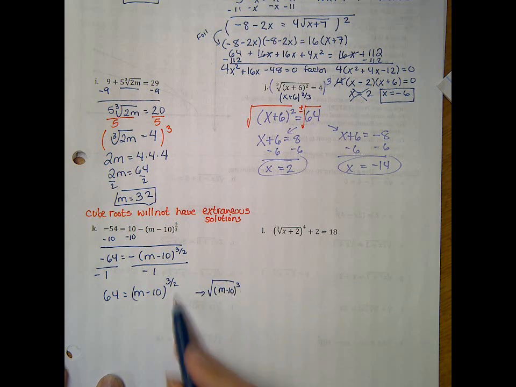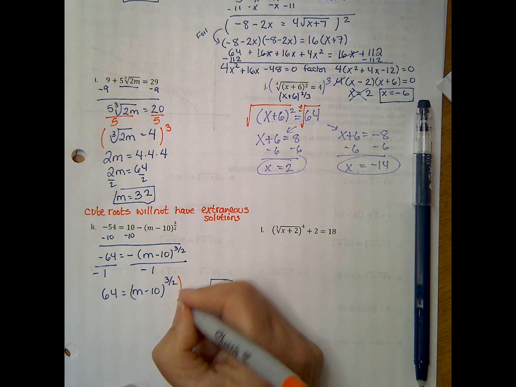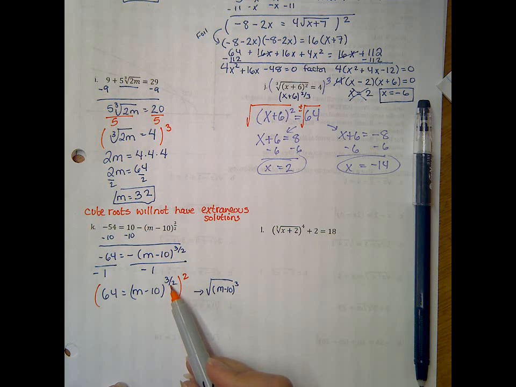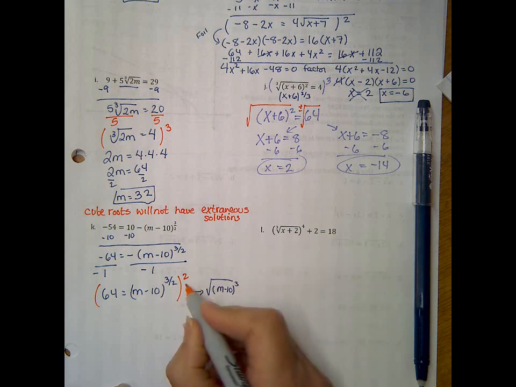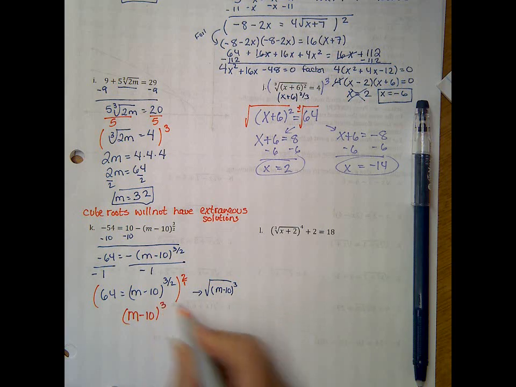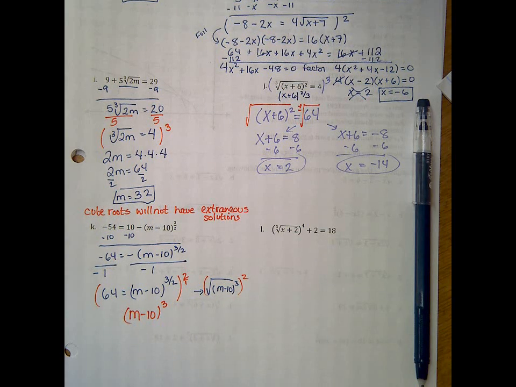And then I can see that by squaring both sides, an exponent to an exponent, you multiply these and you just end up with the cube anyways, because that's like a 2/1 and those 2's would cancel. So we'd end up with m minus 10 to the 3rd by getting rid of the square root. We'd just be left with the m minus 10 to the 3rd.